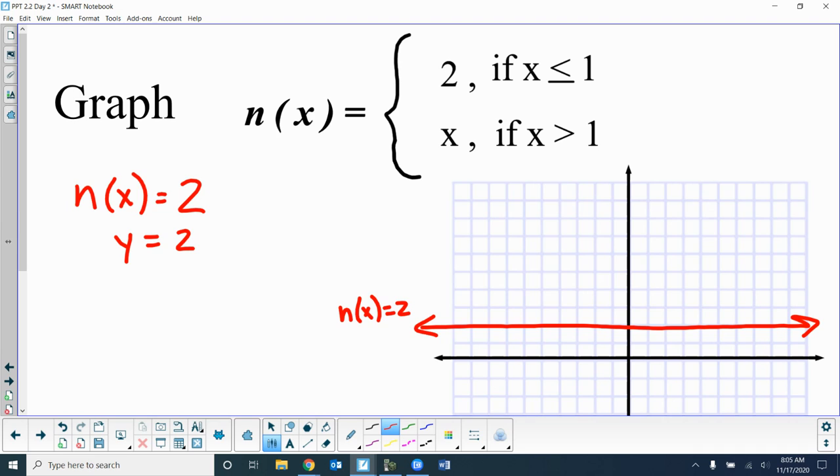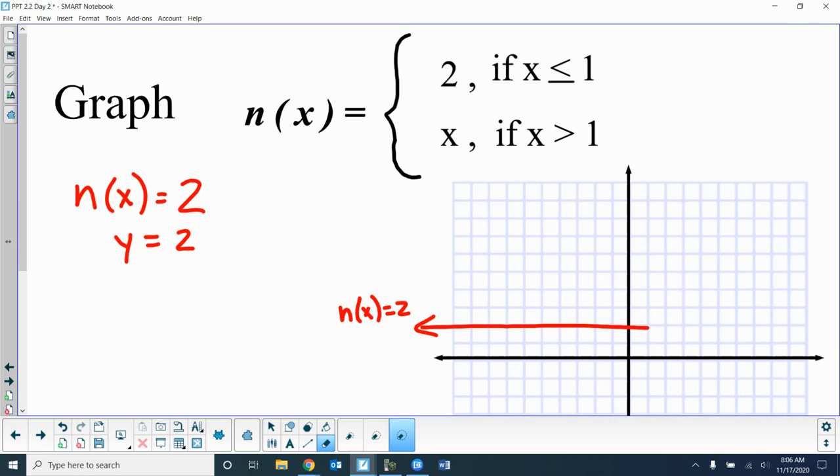All right? Now, it says if X is less than or equal to 1. So, should I have kept going at 2, 3, 4, 5, 6? No, I shouldn't have. Okay, I got a little ahead of myself. So I need to get rid of this part. Back to the 1.